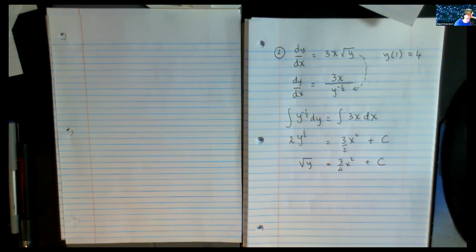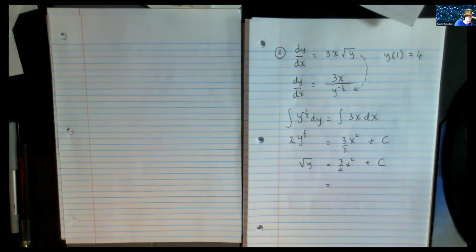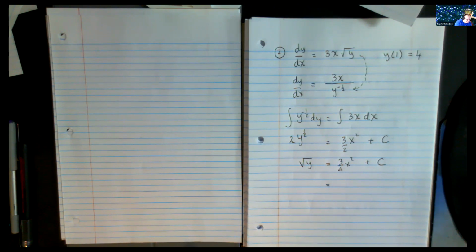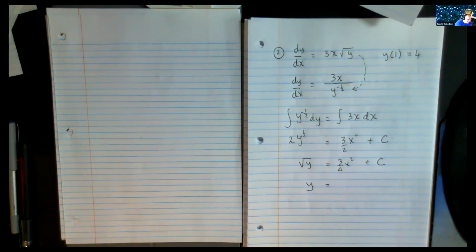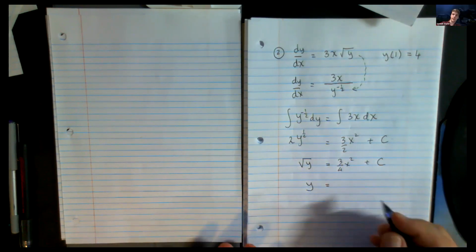Actually, it's not just my rule. Lots of people do it. There's a 50-50 chance that you could guess this, but hopefully you're not going to guess it. What do I need to do to both sides to get y? Square. Root. Agreed.